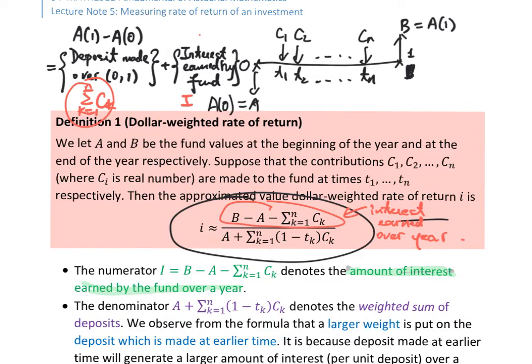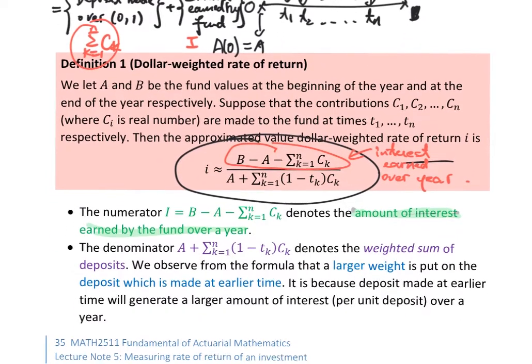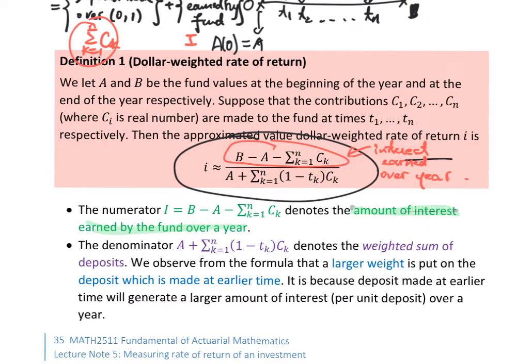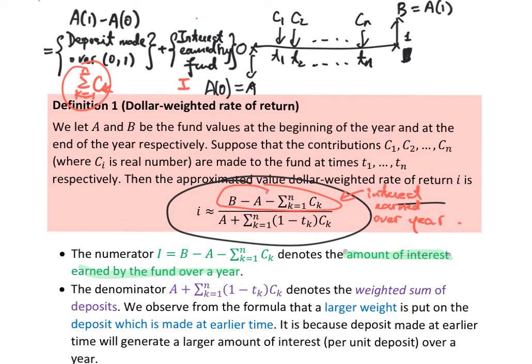Okay, now the next thing is, how about the denominator there? For the denominator, it consists of two terms. One is what? Your initial value of your investment fund. So you can try to treat it as your initial deposit.